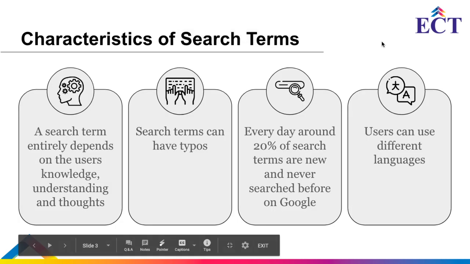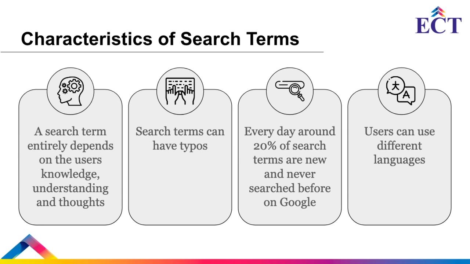A search term depends entirely on the user's knowledge, understanding, and thoughts. They can search anything. You really have no control over what exactly a user will type. Search terms can have a lot of typing mistakes because not everybody knows the spelling of every word.